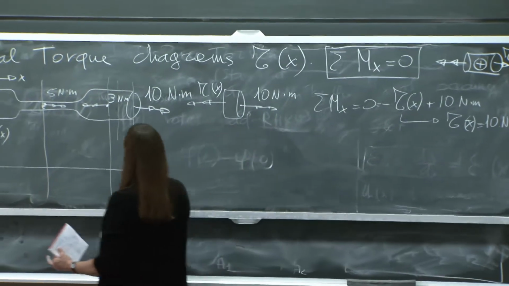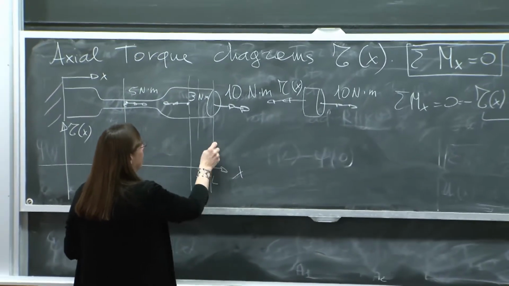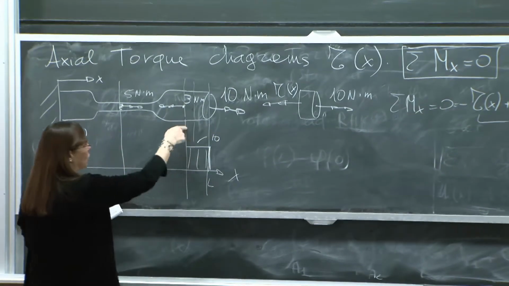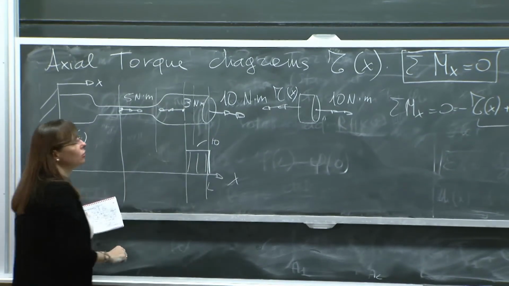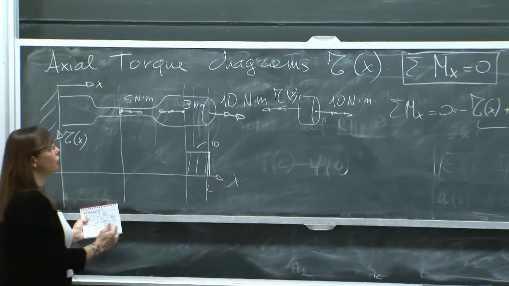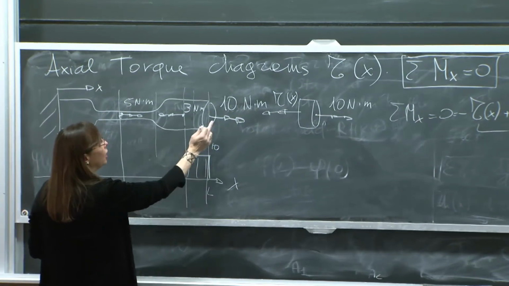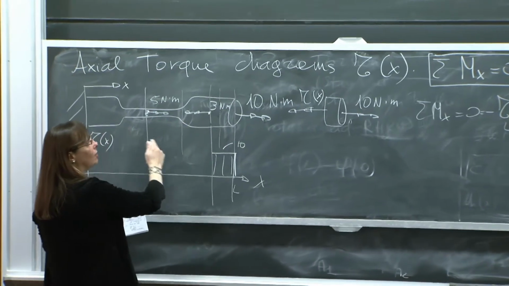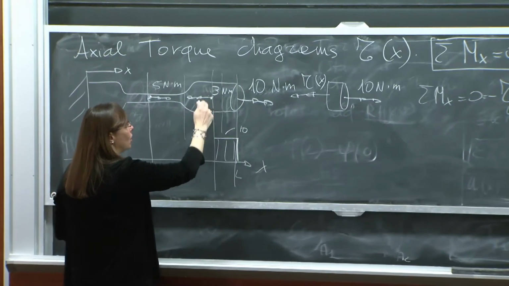Right? So up here, I start walking up by 10. I get here, I'm at 10. I do the same here by cutting here. I'm not even going to draw it because I don't want to offend you. If I cut here, I'm going to have 10 going this way, 3 coming this way, the torque coming out. I'm going to get 10 minus 3.